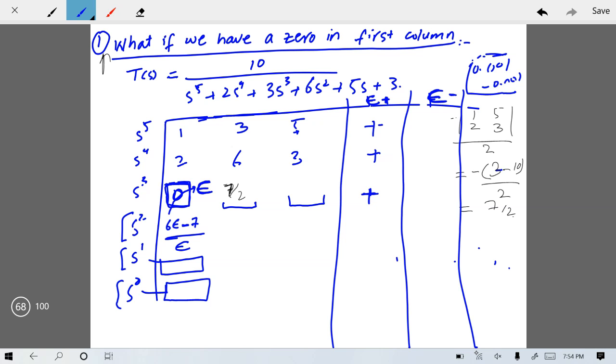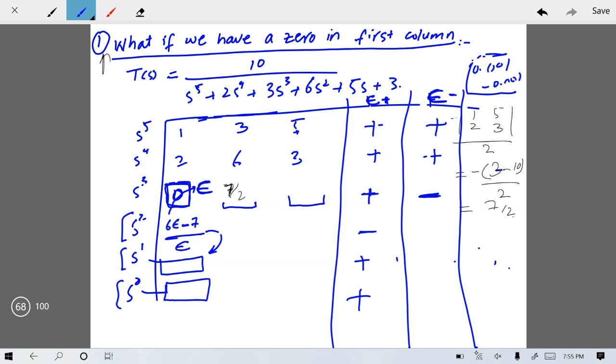For this entry, 6 epsilon minus 7, this is a very small number multiplied with epsilon, so obviously you can see that it would be a negative number. So let's make it a negative number, and then when you find the expressions in this place and in this place, they will be positive and positive. Similarly, when we take epsilon as a small negative number, then these signs would be like that.